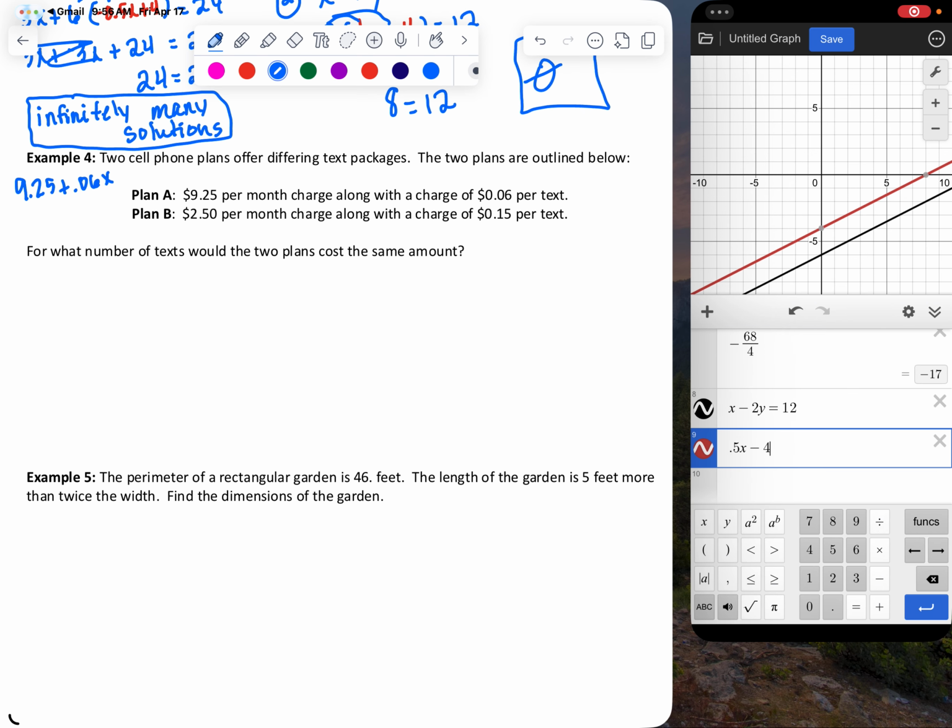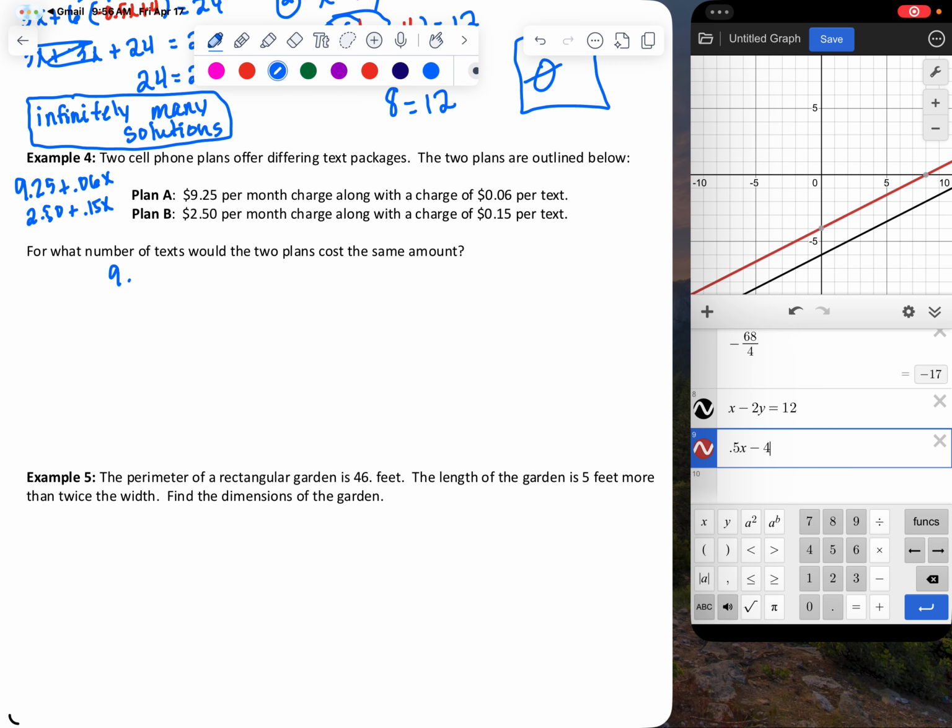Plan B is $2.50 per month, along with a charge of 15 cents per text. So I'm going to write that as 2.50 plus 0.15x. And it says, for what number of texts would the two plans cost the same amount?